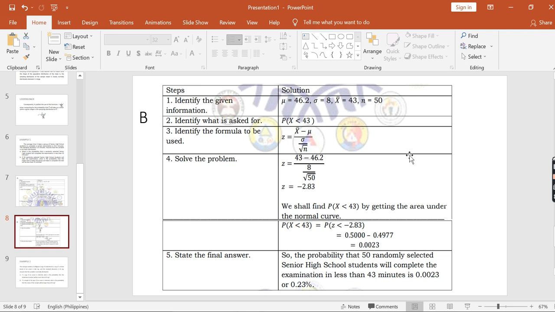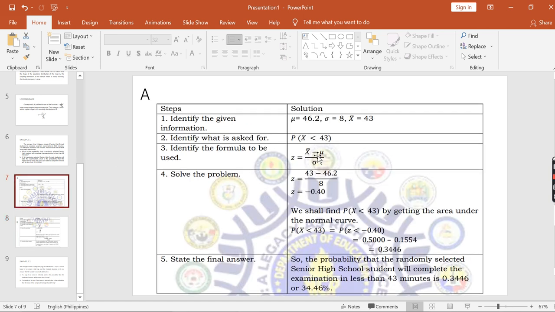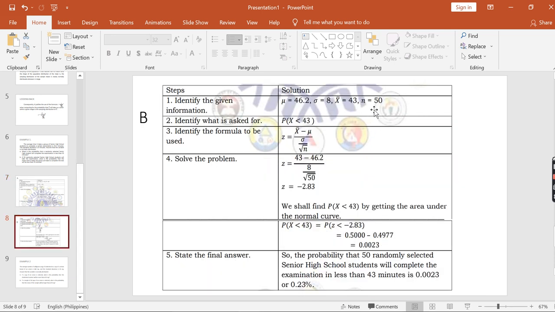Next is identify the formula. Of course, we'll be using that formula. Now, solve for the corresponding z value. As you can see here, we use a different formula. Why is that? Because here we already know the sample size, so that's why we use this formula.